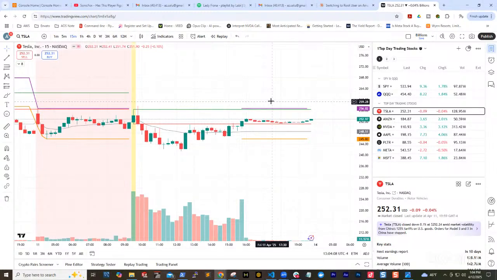And resistance means that if a stock price gets to a line, people always sell it at that point because they feel like it might be too expensive, right? So when you are day trading a stock, that's what you want to look for every day. You want to find the support and the resistance levels the stock can go to.